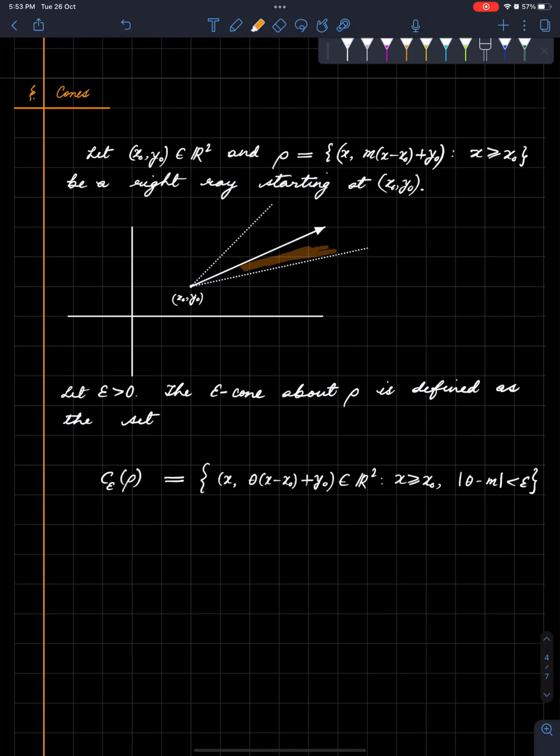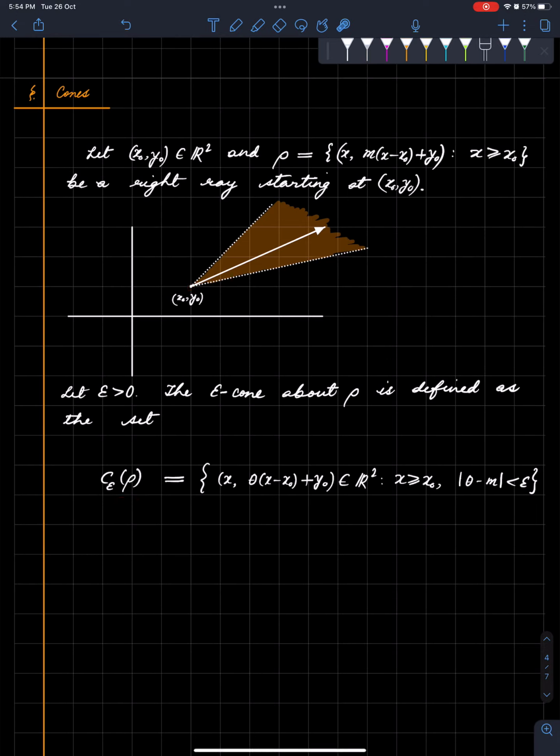So this region is the C epsilon rho. It contains this point also. This cone C epsilon also contains this point x naught comma y naught.